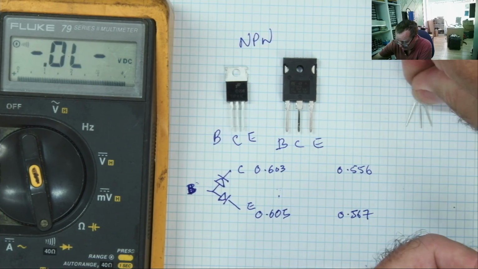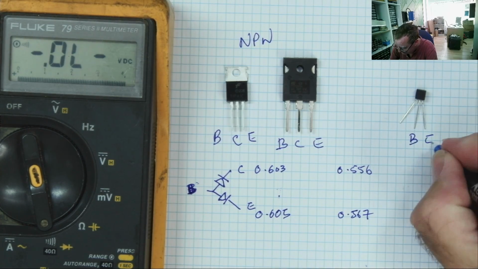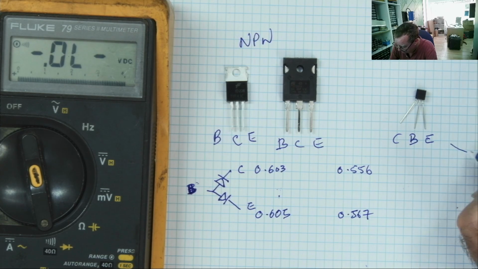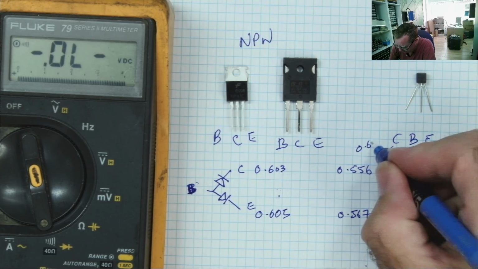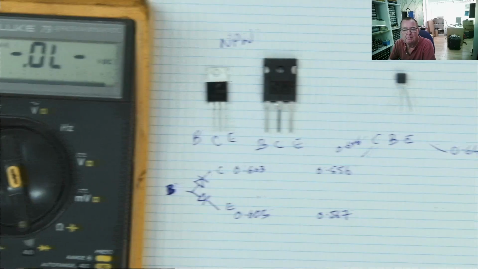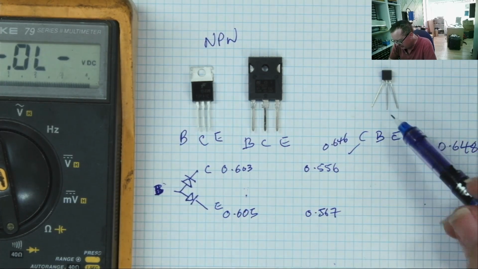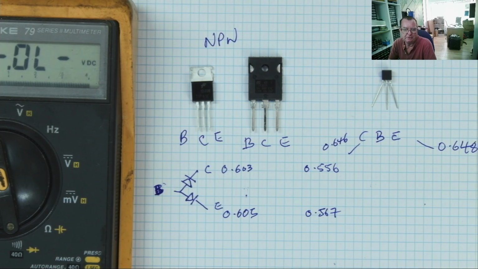So put it that way round. We have base in the middle, emitter here, collector here, and this one is reading 0.648, and this was reading 0.646. So you can see with diode mode on a multimeter, you don't need a component analyzer. You can tell whether that is PNP or NPN and which pin is which, almost always.